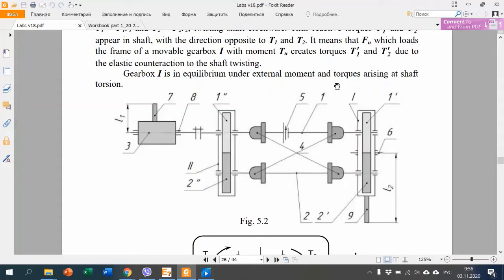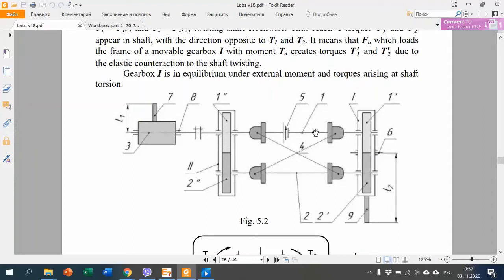And what's the main idea of this mechanism? First, we use two identical gearboxes. One of them is fixed, another one can turn around the axis 6. And we have two torsional shafts which create a so-called closed loop, closed scheme.